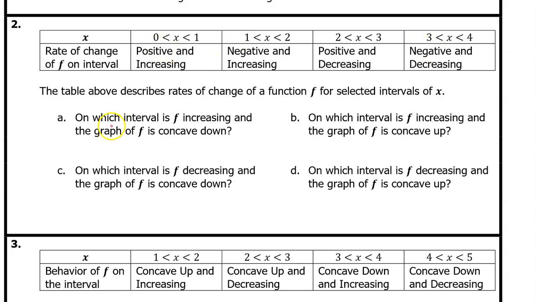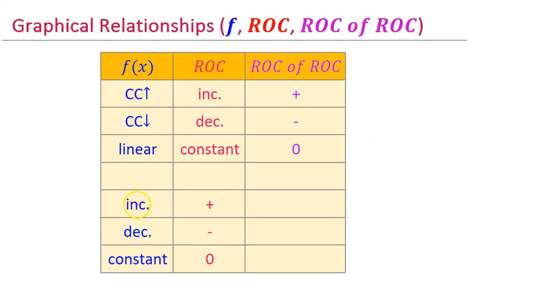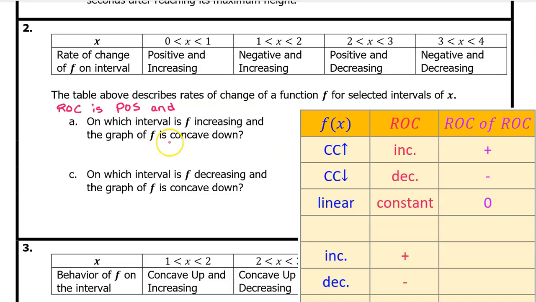And for part A, we want f itself to be increasing and concave down. Let's start with increasing. If f is increasing, then the rate of change will be positive. But we also want f to be concave down, and if f is concave down, the rate of change will be decreasing.